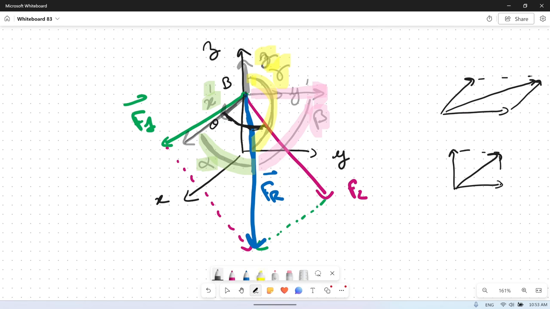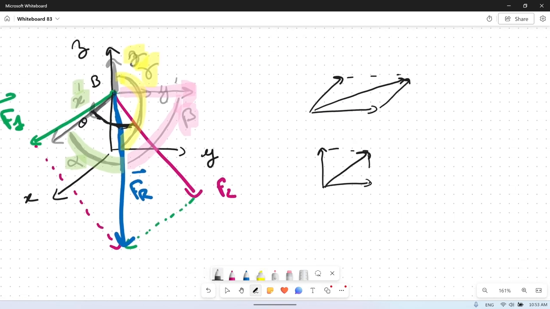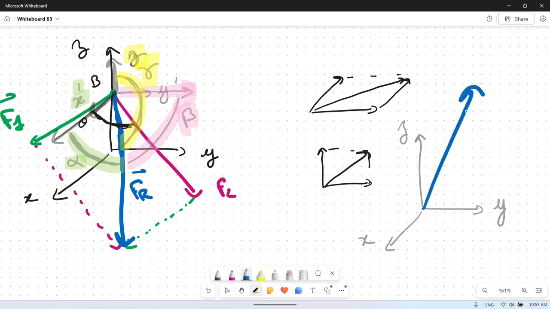So just remember, if you have a vector, let me redraw an X, a Y, and a Z, in 3 dimensions, somewhere there, let's call that vector F, we have the angle alpha, the angle beta, and this angle gamma.